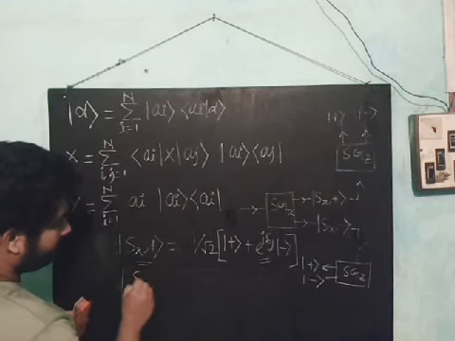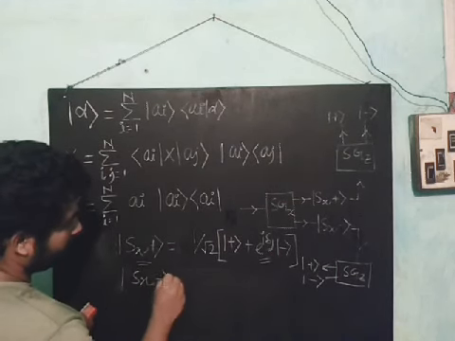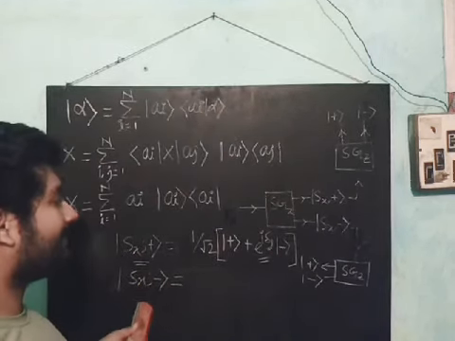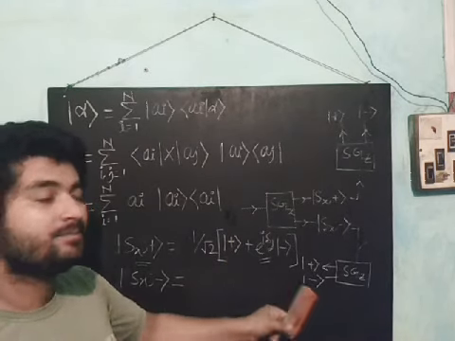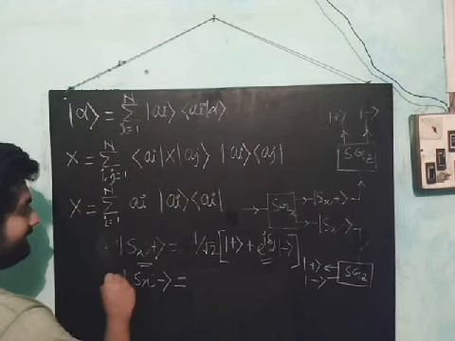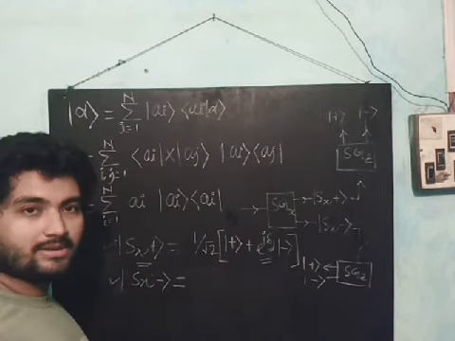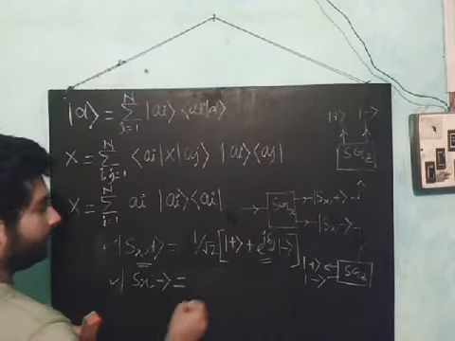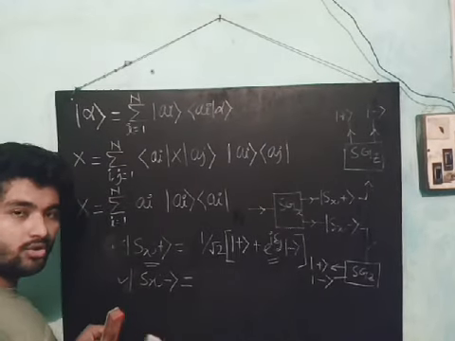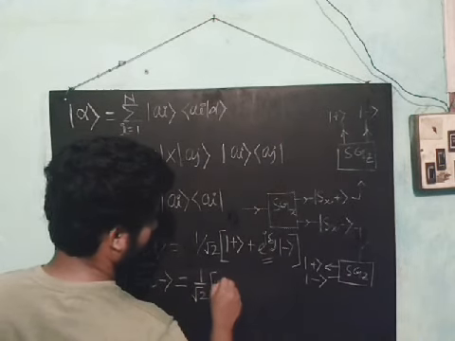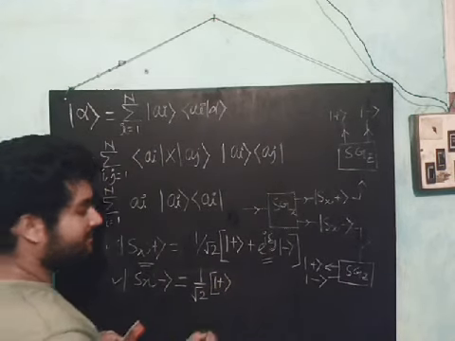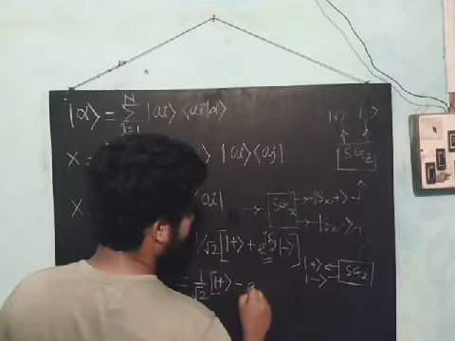Now what will be the case for Sx minus? It is the same, because this is also a superposition of positive and negative, but this state and this state are orthonormal states. So for this orthogonality, we must put a negative sign here.